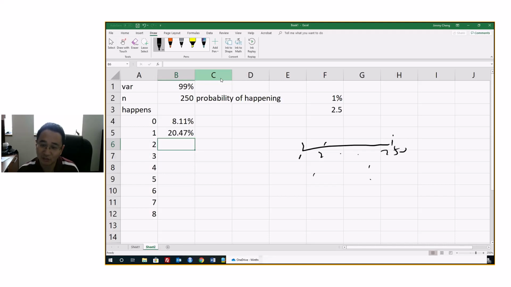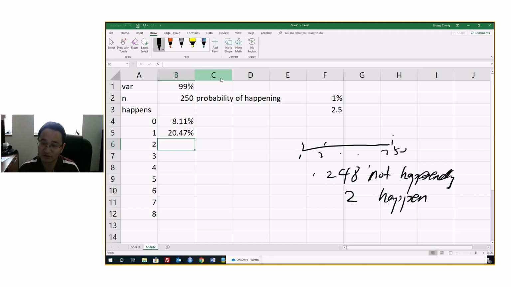What are the combinations if it happens twice? 248 days not happening, and 2 days happen, right? There are those 2 days: 1 and 2, and then others will not happen, or 1 and 3, and then other days not happen, or 1 and 4, and then 2 and 3, 2 and 4. There are a lot of combinations, right?